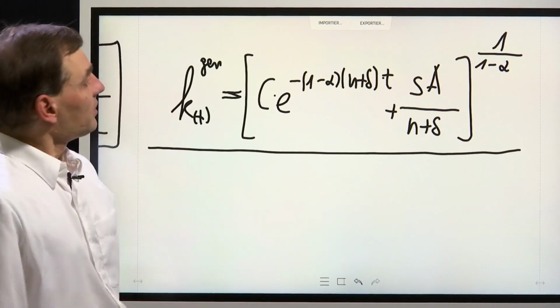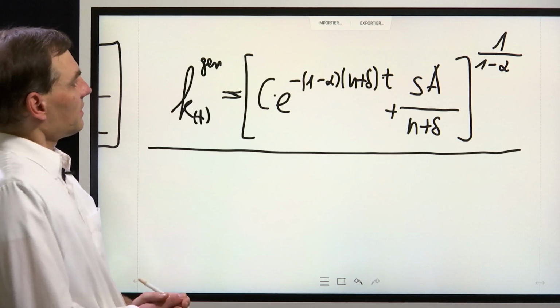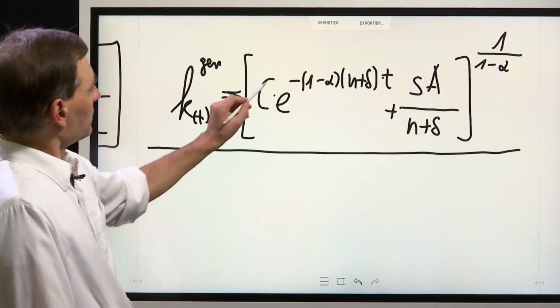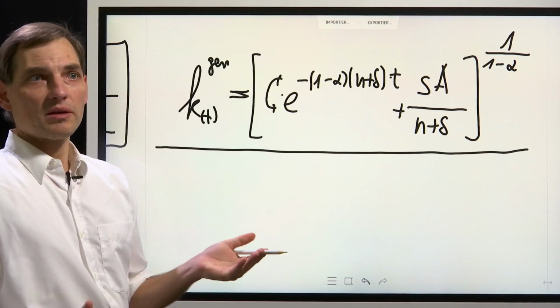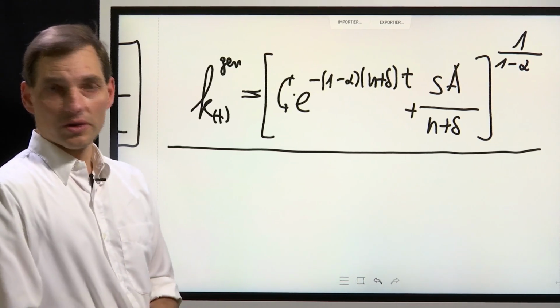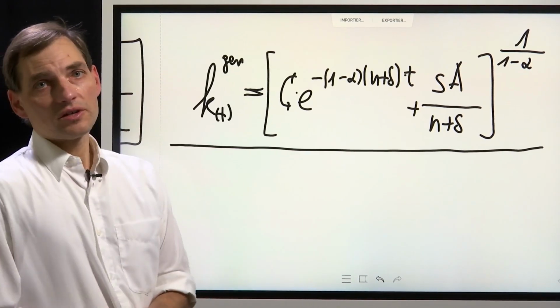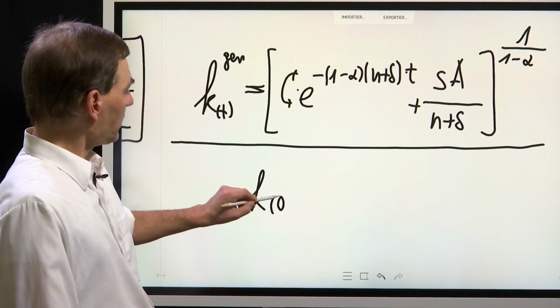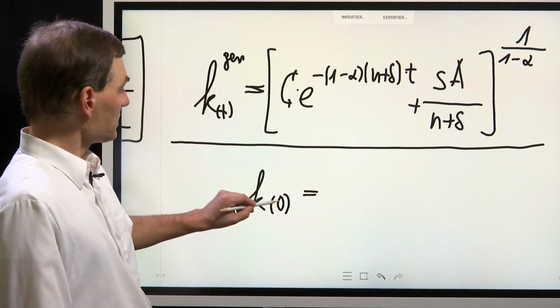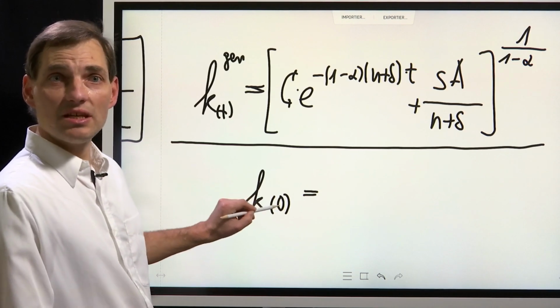The only thing we can, of course, discuss in a further discussion is the integration constant. The integration constant, as you know, is determined by the initial condition. And the typical initial condition in the Solow model is the assumption of what happens if the capital labor ratio is at the beginning, at time t equals 0.